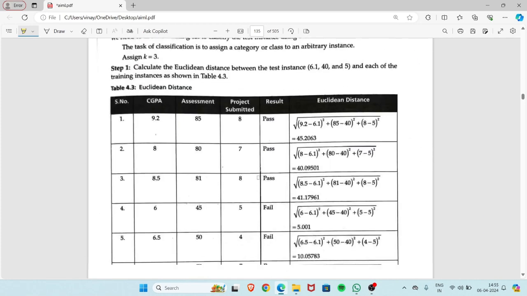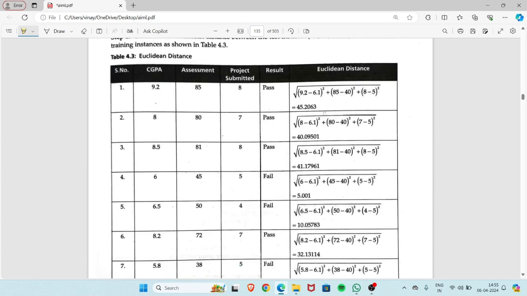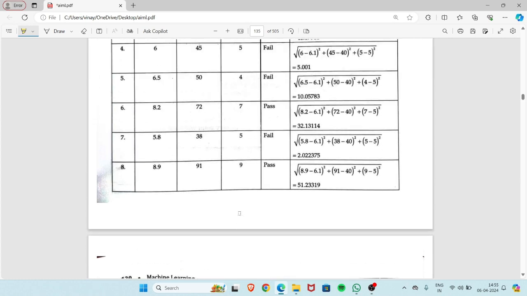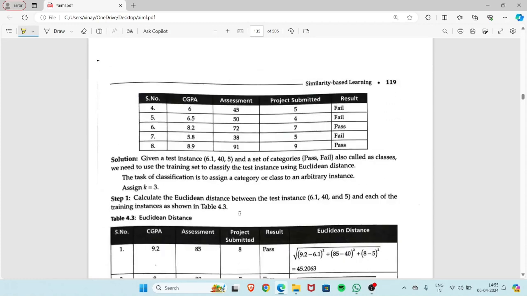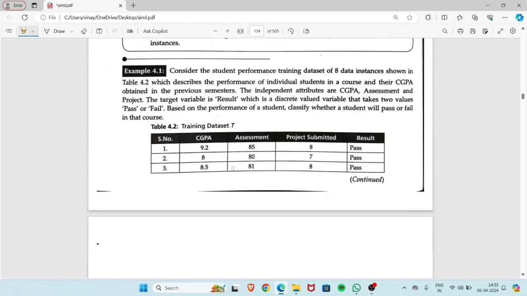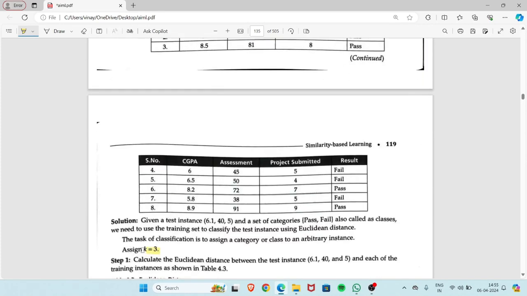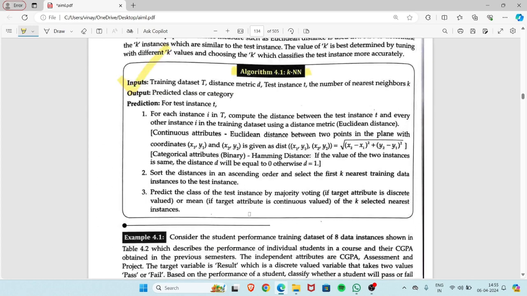After finding the Euclidean distance, the k value will already be given in the question. Based on that k value, you have to find the least Euclidean distances. Based on that, you will make a prediction about the predicted category.